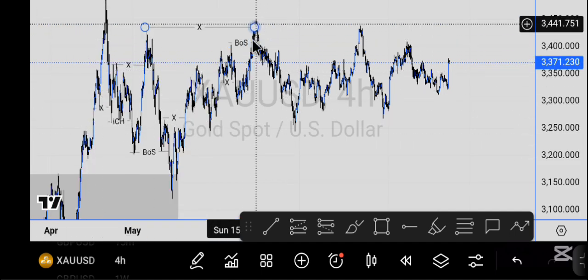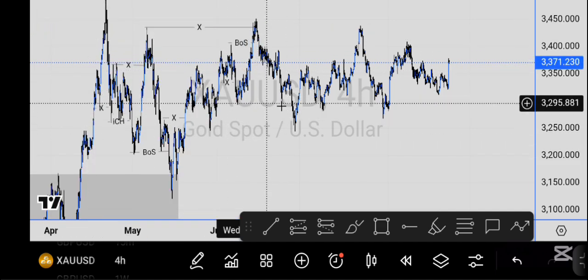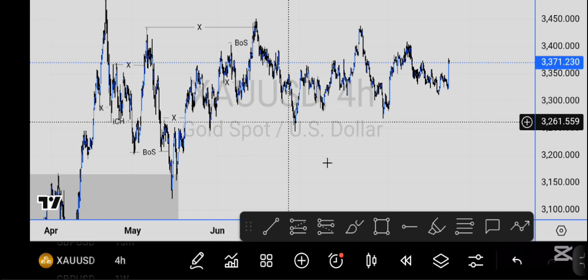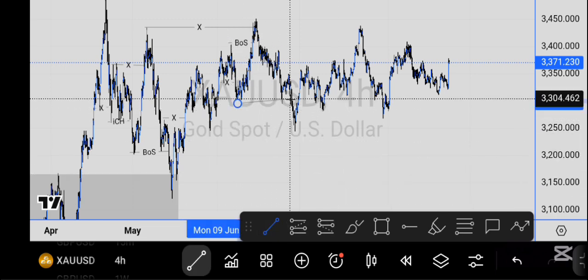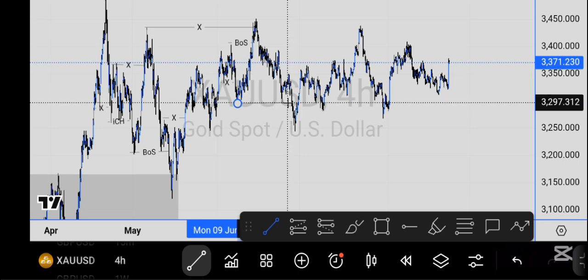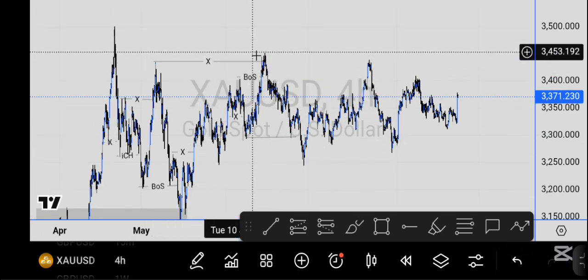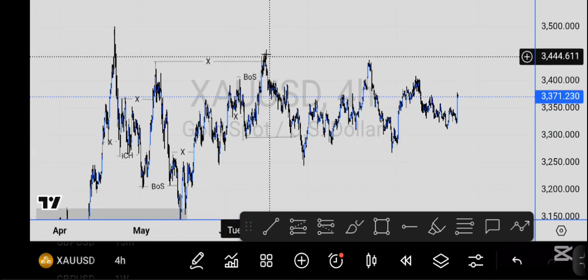That means if the market comes below this low, this will be a change of character. Remember that all these moves are internal structure. This high is where we are looking at, you understand?